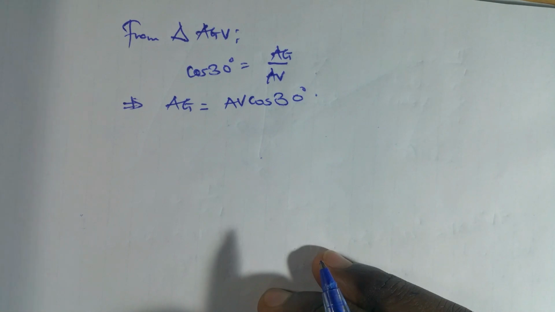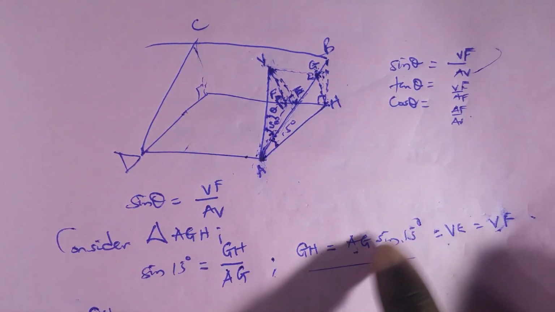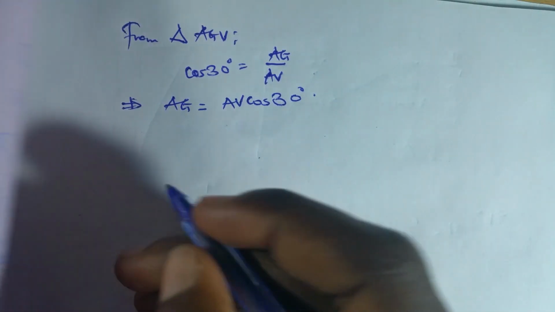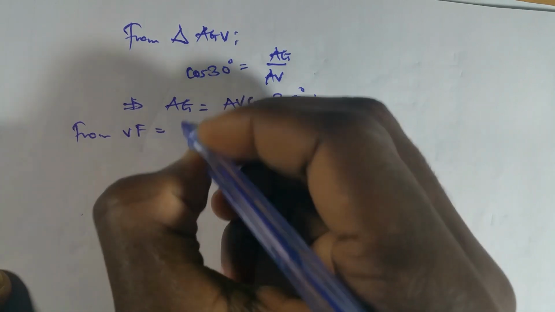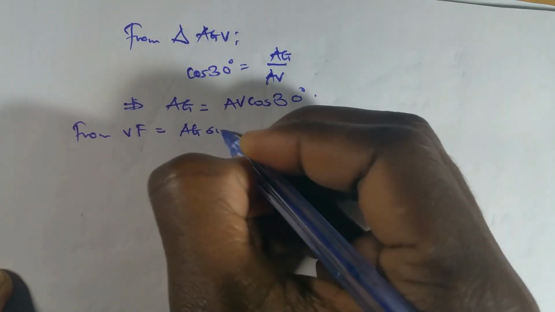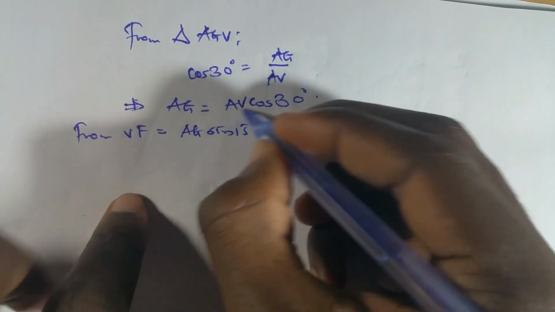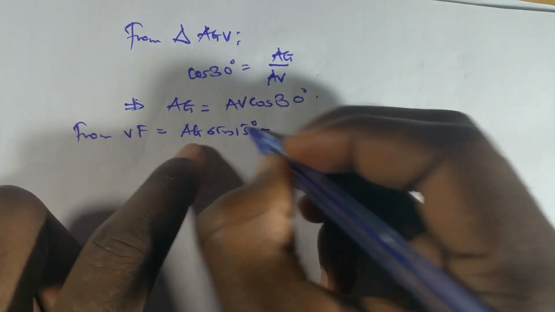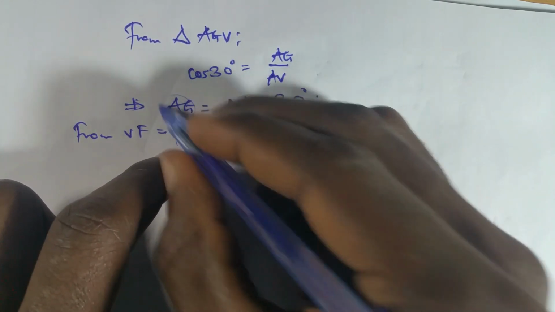Now what does it imply here? It means we have actually got our VF, from VF equals AG sine 15 degrees. If we substitute, we have AV cos 30 replacing AG, since AG is that.